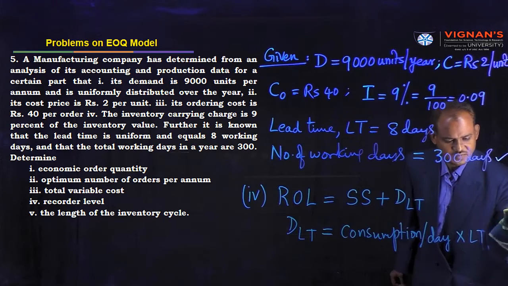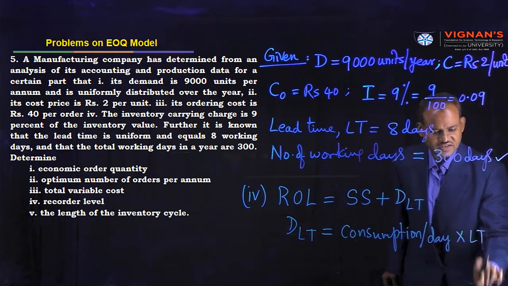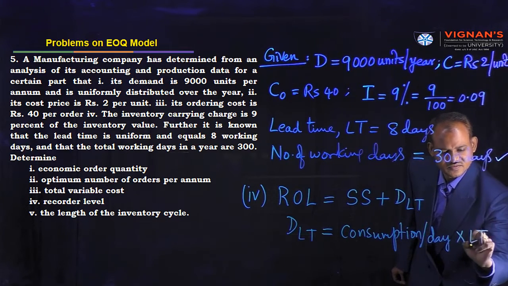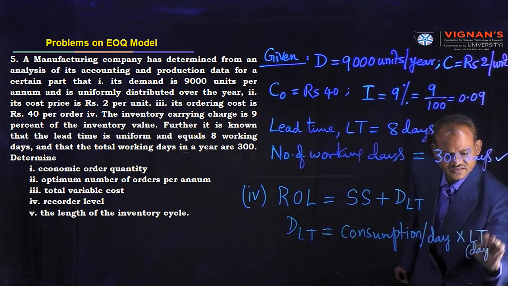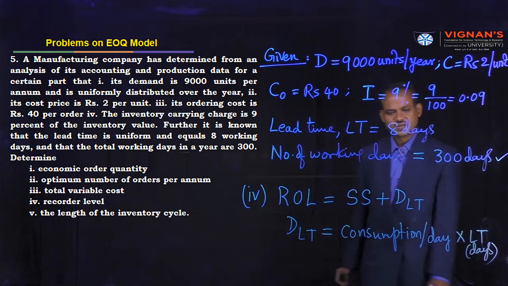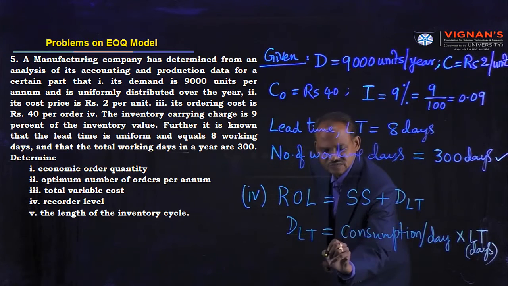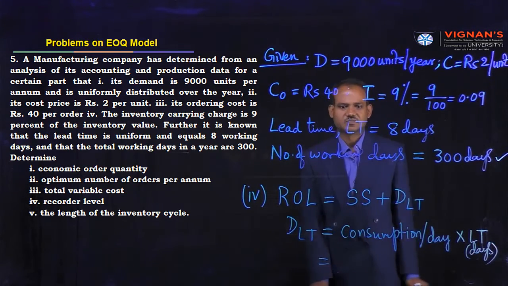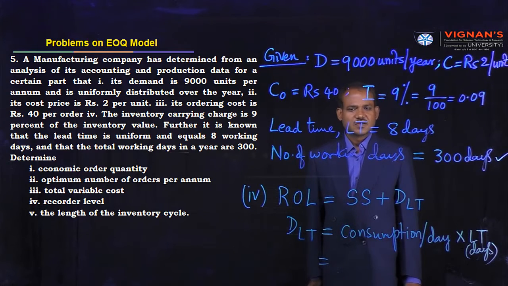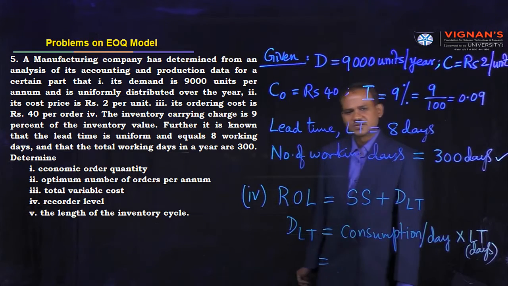Here lead time is given as 8 days, so the data is in days. First calculate consumption per day. How to calculate it?